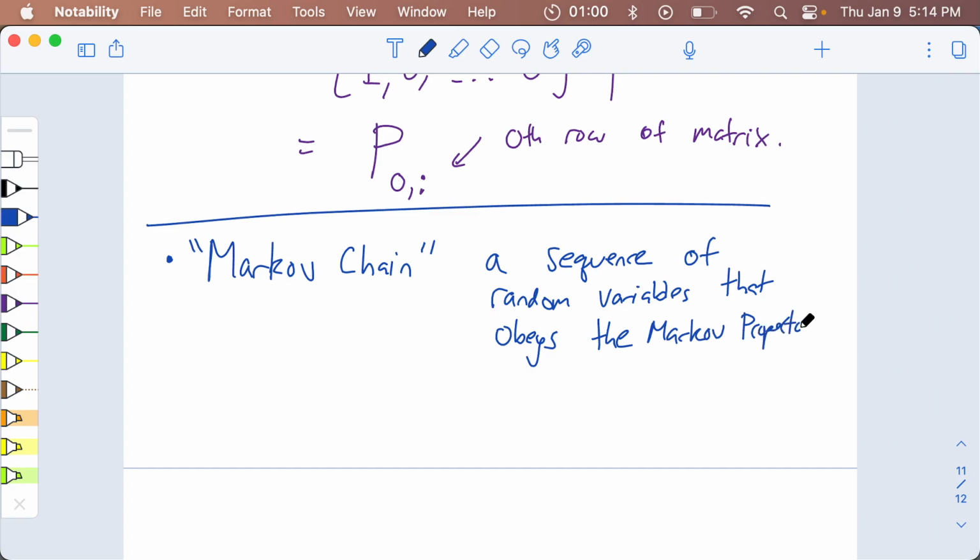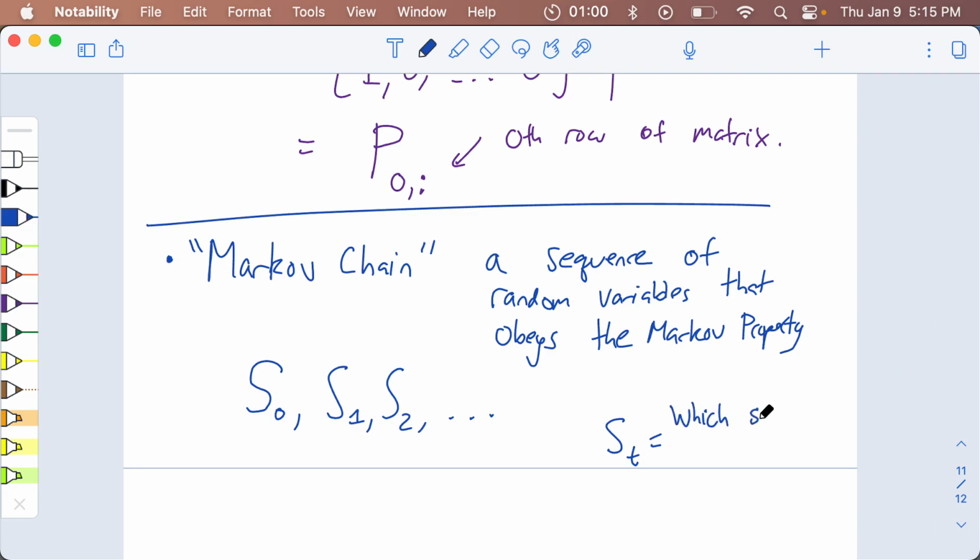Okay, and the good example to keep in your mind is if you make a sequence S0, S1, S2, ... where S sub t is the random variable that tells you at time t where you are. So this is which square you're on at time t. That sequence of random variables is a Markov chain.